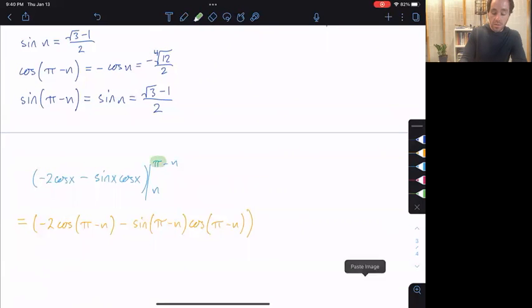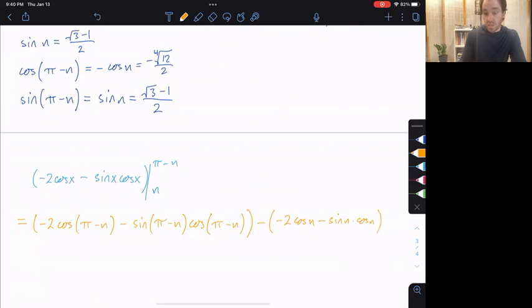And that's the pi minus n version. Now it's subtracted by negative 2 cosine of n minus sine of n times cosine of n.